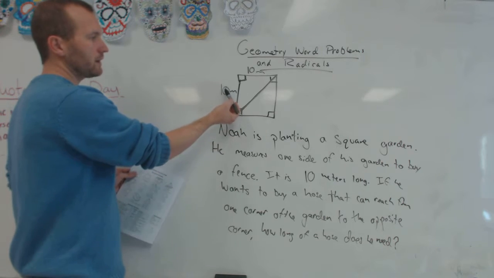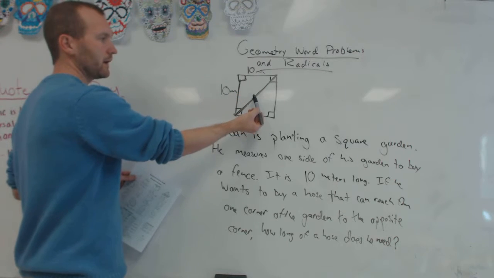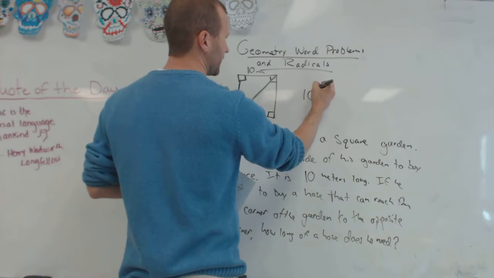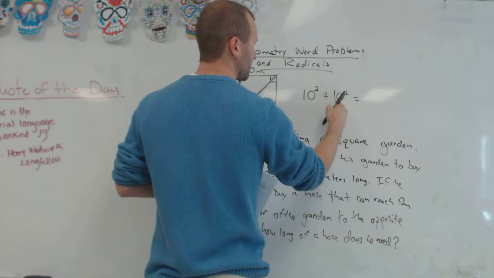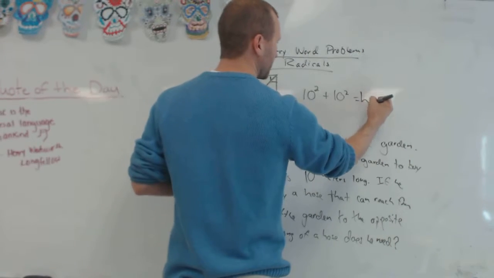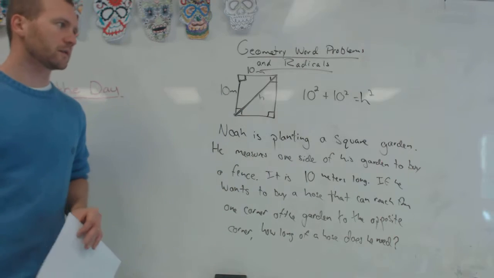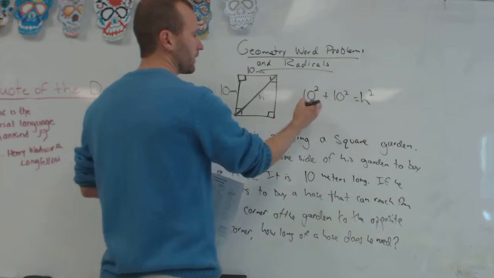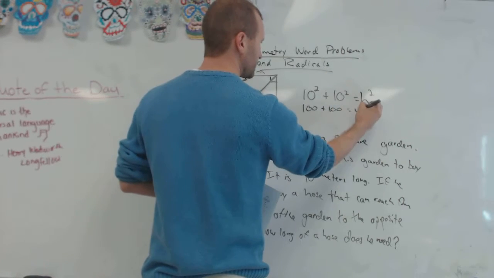We know that this squared plus this squared has to equal this squared. So in other words, 10 squared plus 10 squared must equal, we'll call it h for the hose, squared. Okay. So we have 100 plus 100 equals h squared.